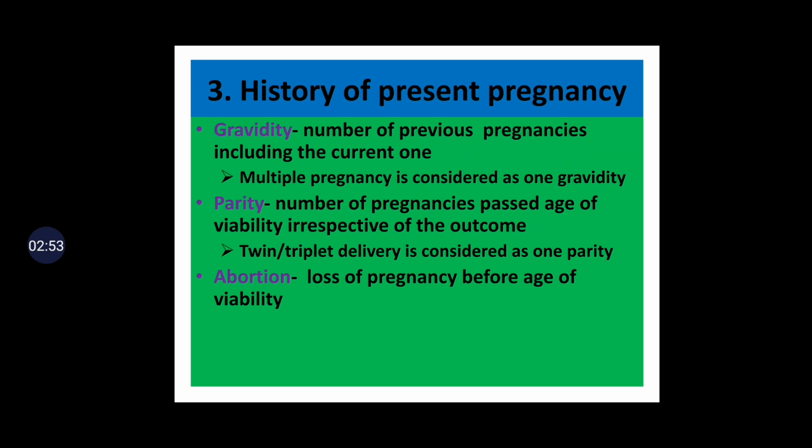If the mother has history of abortion, you should ask whether it is spontaneous or induced, whether it is first trimester or second trimester, whether it is safe or unsafe abortion, and history of procedures done, if any. Live birth means born alive, stillbirth born dead, either intrapartum or intrauterine. Ectopic pregnancy. It is extrauterine pregnancy.